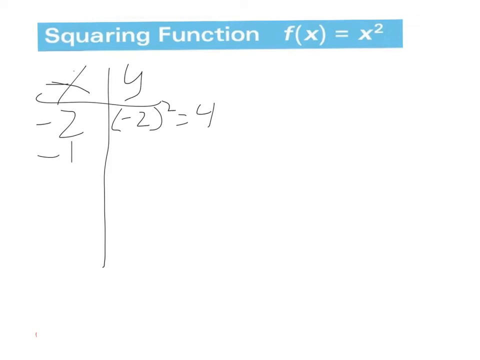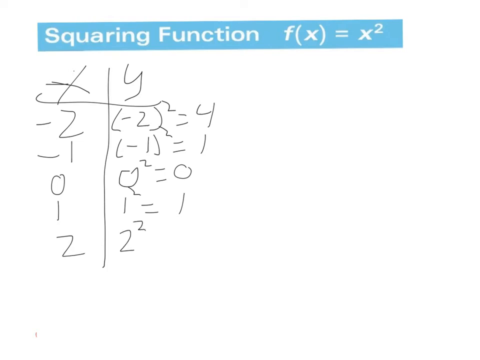If you were to plug in negative 1, you'd have to square negative 1, so that'd just be positive 1. Plug in 0, that'd be 0 squared, which would be 0. Plug in 1, you have 1 squared, which is 1. Plug in 2, you'd have 2 squared, which is 4.